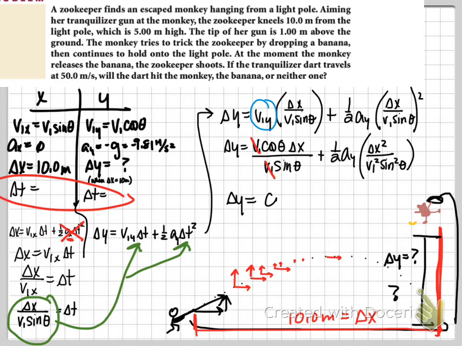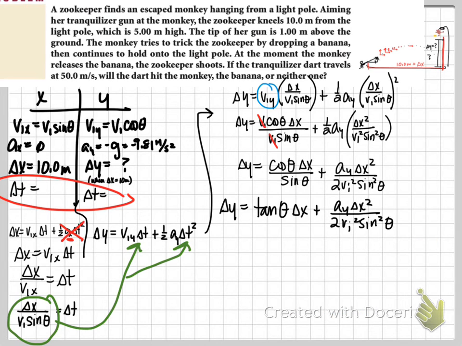Delta y equals cosine theta delta x over sine theta plus, I'm going to distribute the 1/2 and the a_y as well, a_y delta x squared over 2 Vi squared sine squared theta. You know the trig identity, cosine divided by sine equals tangent. We can walk through the geometry of proving that, but that also simplifies the math here. You can leave it cosine over sine, but it's uglier down the road.